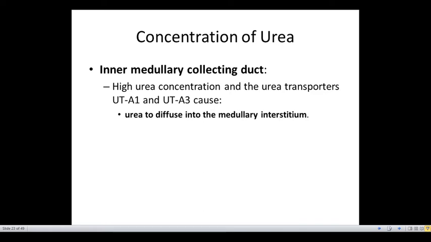In the inner medullary collecting duct, high urea concentration and the urea transporters A1 and A3 cause urea to diffuse into the medullary interstitium.